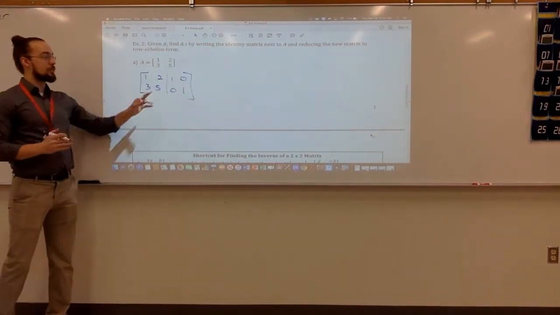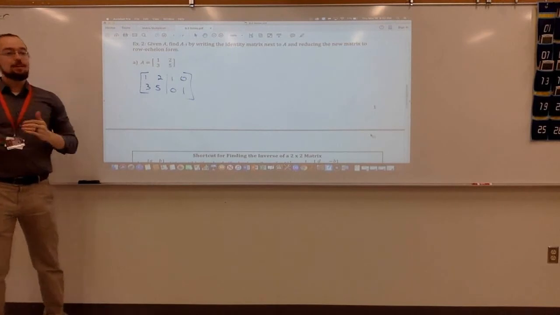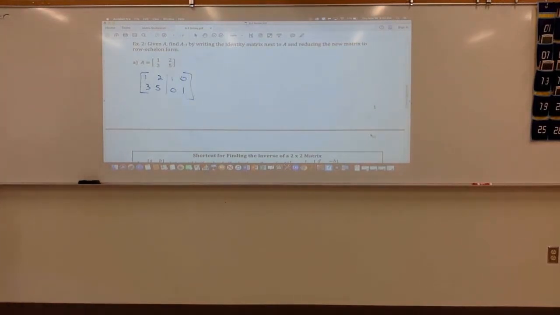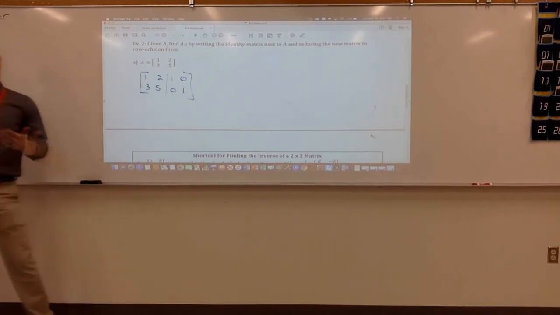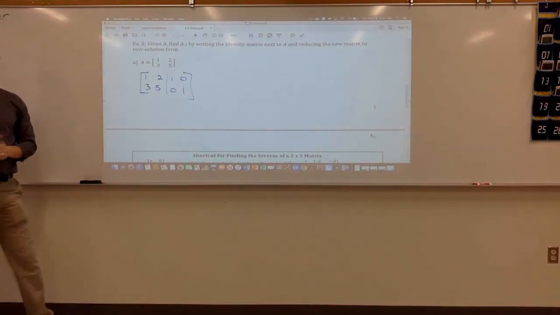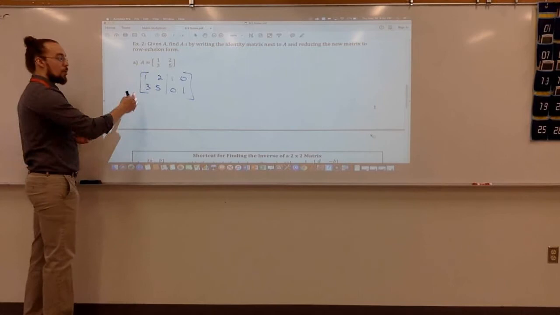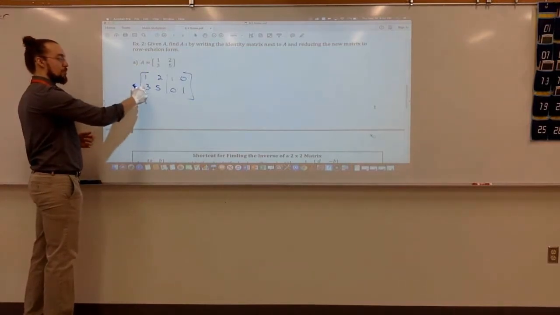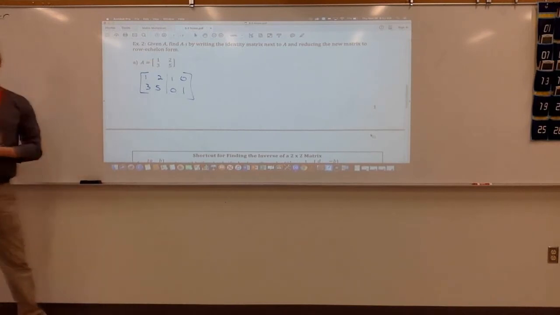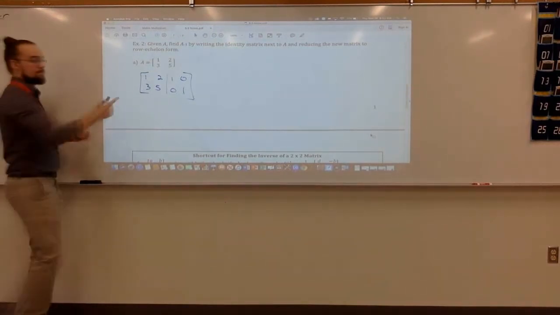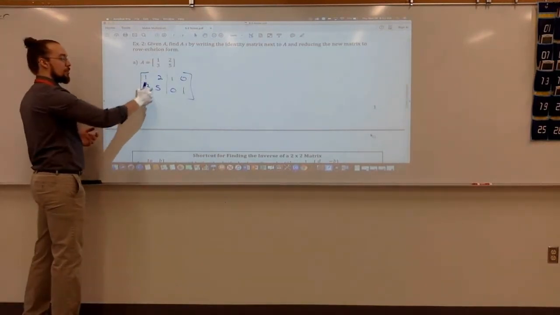When I'm finished, this will be the inverse matrix. This is a lot easier with a 2 by 2 than a 3 by 3. So our goal is just to get zeros here and here, and then ones here and here, using row operations. Let's say I want to get a 0 here first.